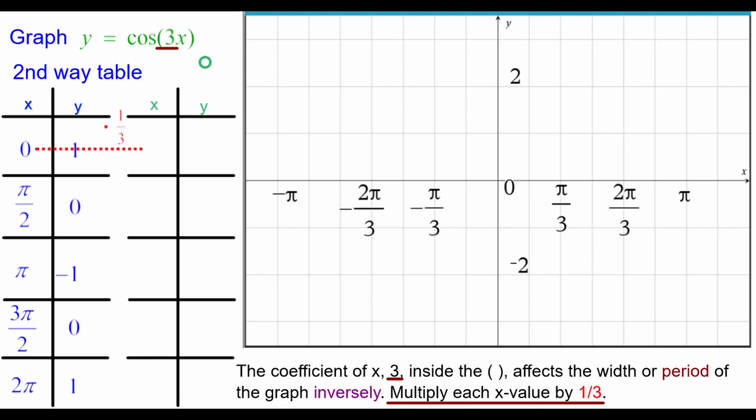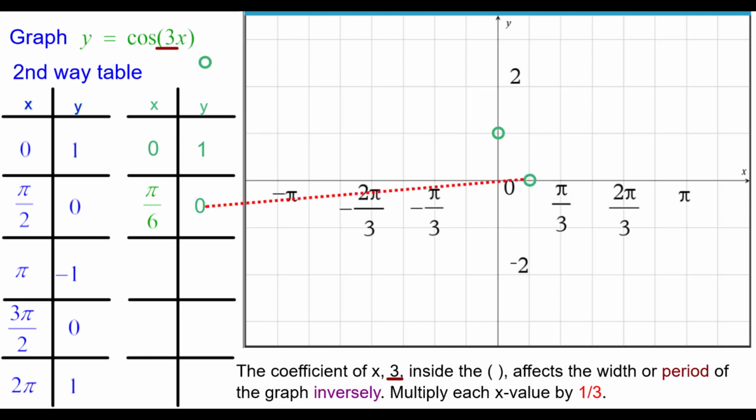Multiplying each x value by 1/3, 0 times 1/3 is going to be 0. The y coordinates are not affected. There are no parameters here that affect the y coordinates, so that'll stay at 1. So 0, 1 is our initial point. Pi over 2 times 1/3 will be pi over 6, comma 0.